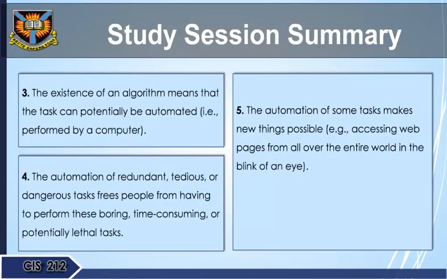The existence of an algorithm means that the task can potentially be automated, that is, performed by a computer. The automation of redundant, tedious, or dangerous tasks frees people from having to perform this boring, time-consuming, or potentially lethal task. The automation of some tasks makes new things possible. For example, accessing web pages from all over the entire world in the blink of an eye.